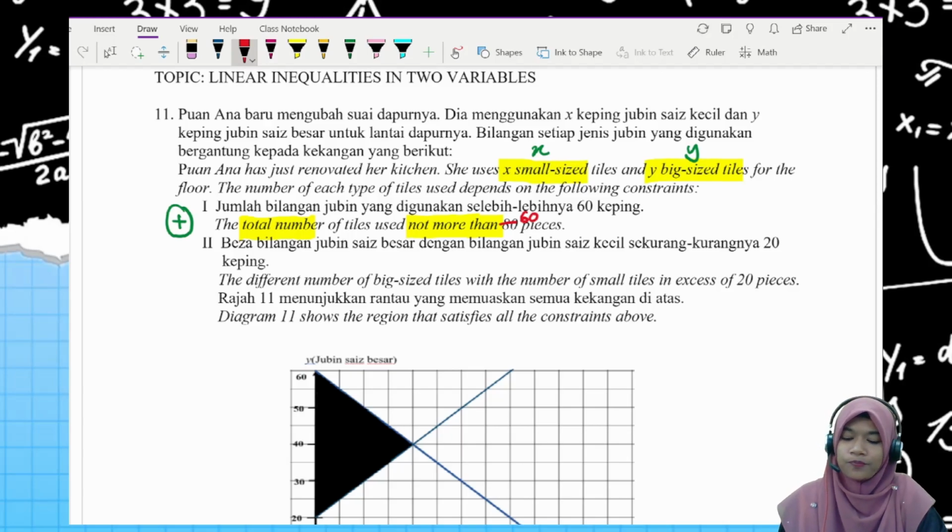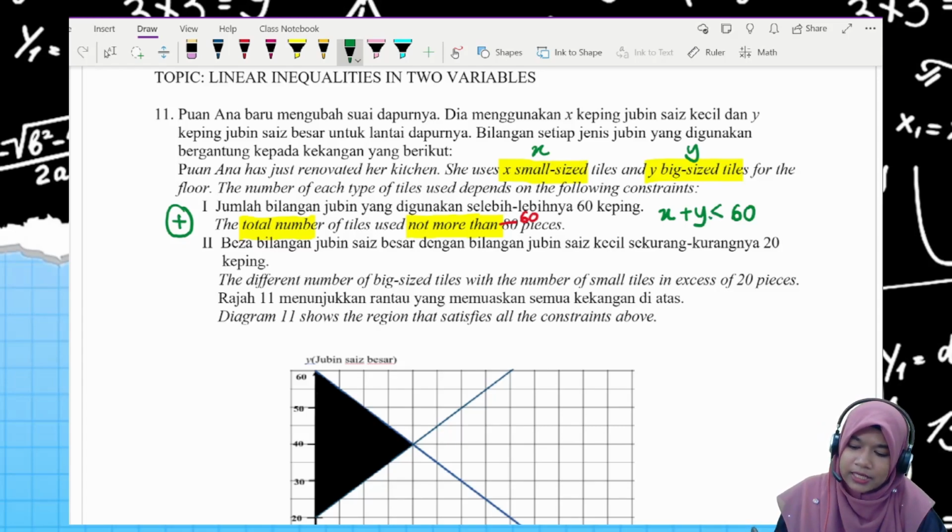So the inequality involved in this first constraint is X plus Y, not more than 60, so it must be less than or equal to. The maximum value is 60.